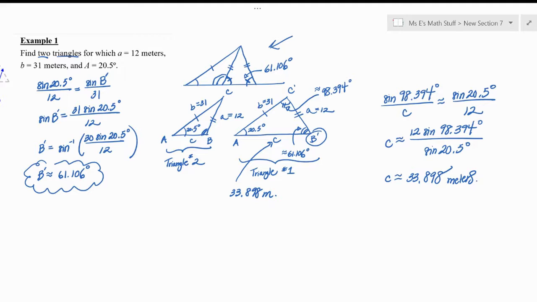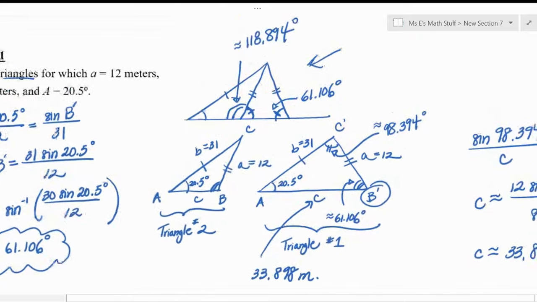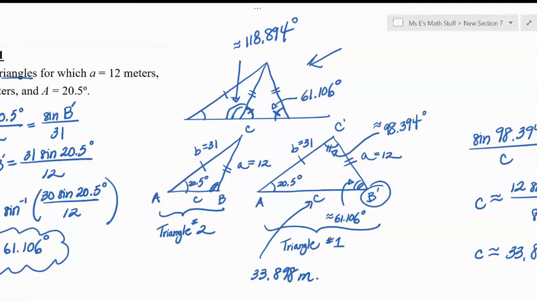There we go. And so now we know that the measure of that angle is approximately 118.894 degrees. And it should look right in the sense that we at least are getting an obtuse angle measure. So I'm going to add that to this picture right here.